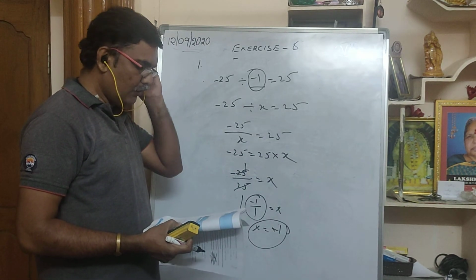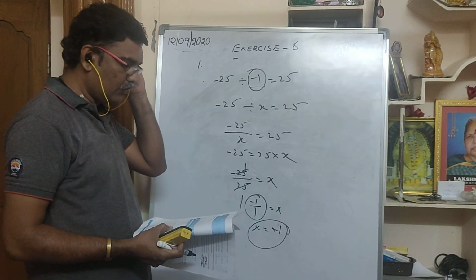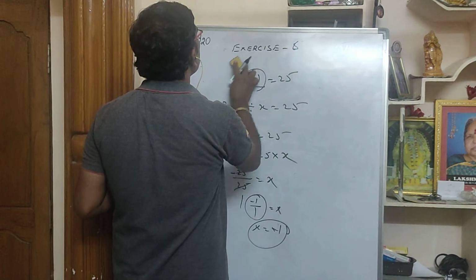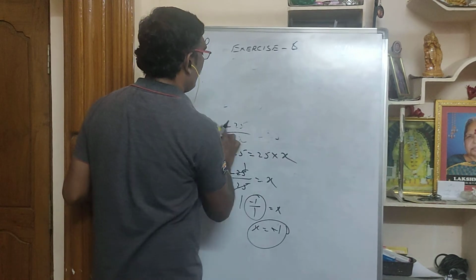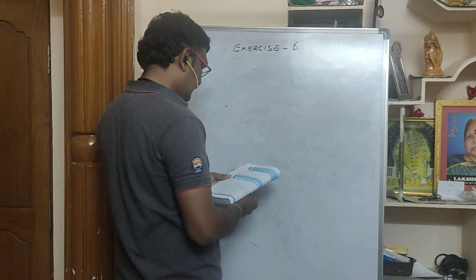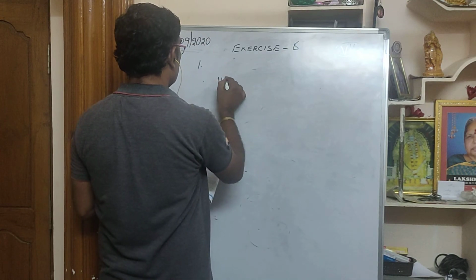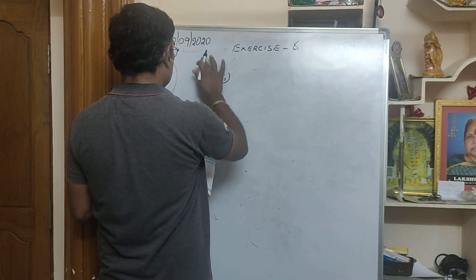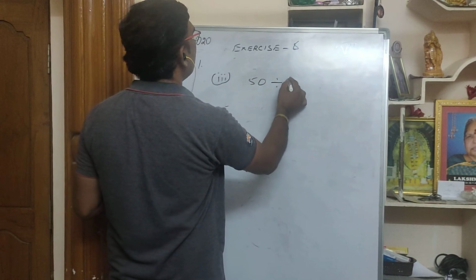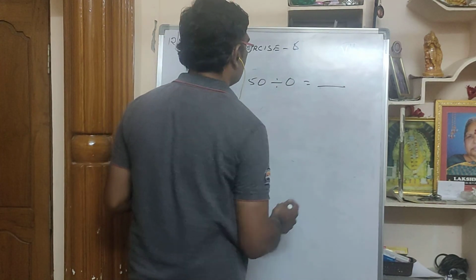Okay. Now with zeros, how to do it? You have 2-3 problems. What are the problems? We'll see here. The second question you can do. The third question is 50 divided by 0 is equal to dash.